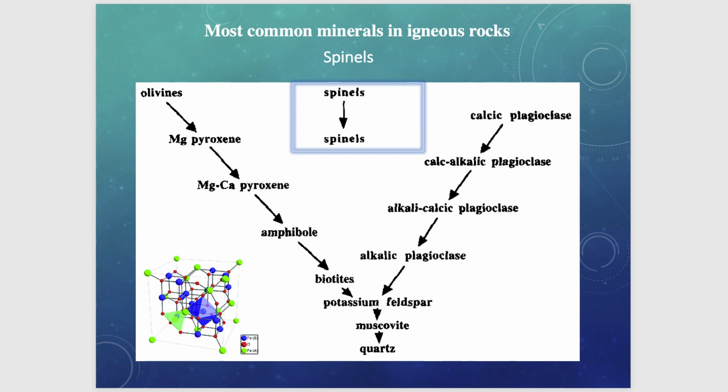Spinel groups can really host a variety of cations, including zinc, chromium as I said before, and titanium can go in the structure of the magnetite, for example, and so we can form titaniferous magnetites, which are also related to the fractionation of basalt specifically.